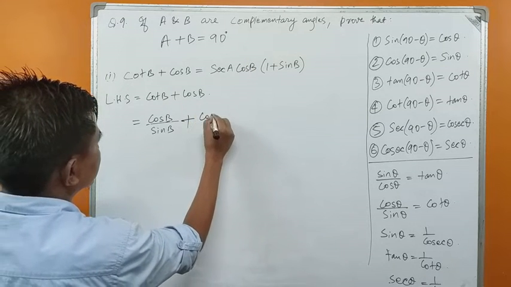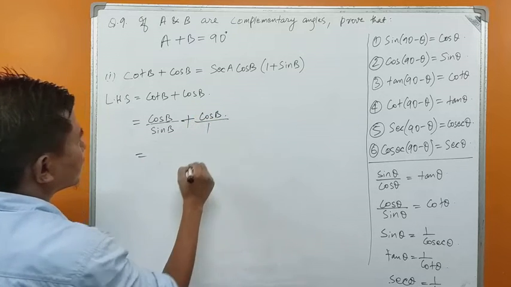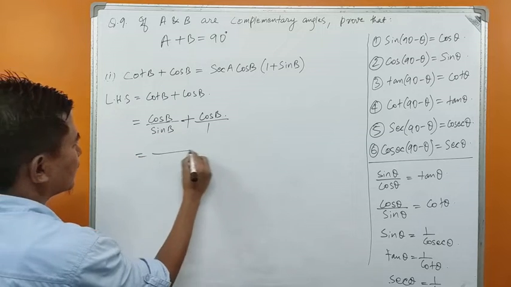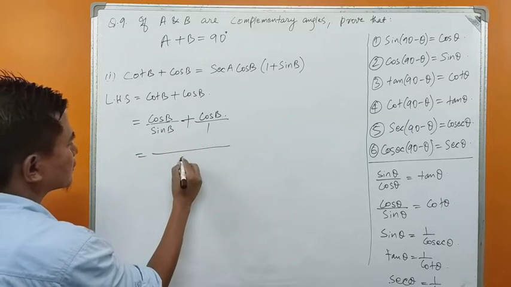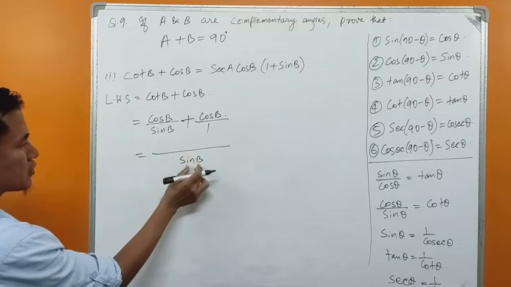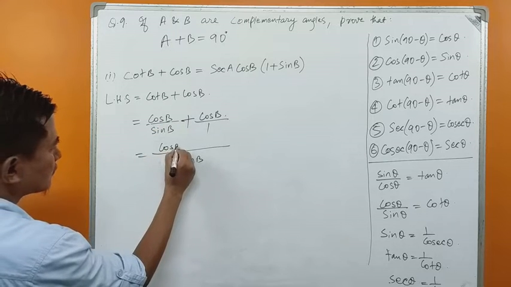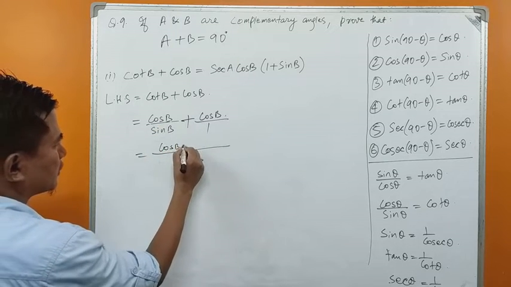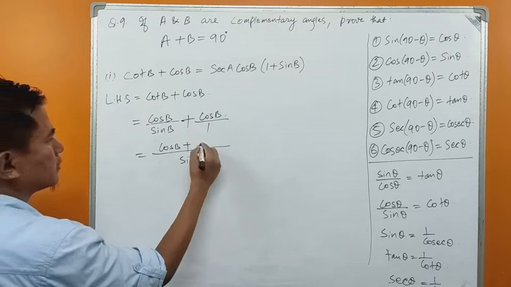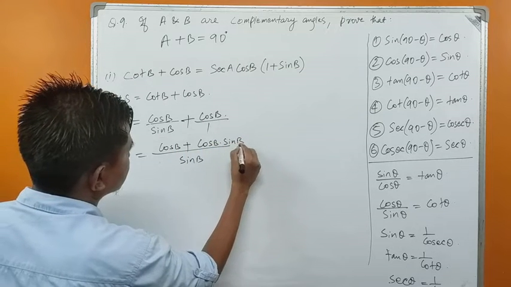this cos b comes here as it is. We don't change anything. So we have 1 in the denominator of cos b. So let's take the LCM of 1 and sin b. The LCM will be sin b. So sin b into 1 gives us sin b. 1 into cos b is cos b, plus 1 into sin b gives us sin b, so sin b into cos b over sin b, isn't it?